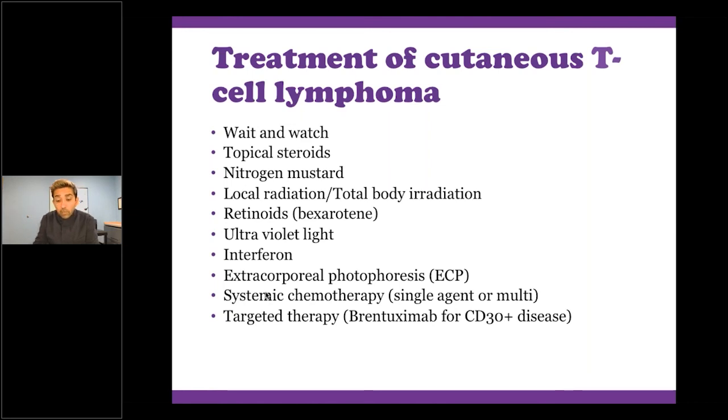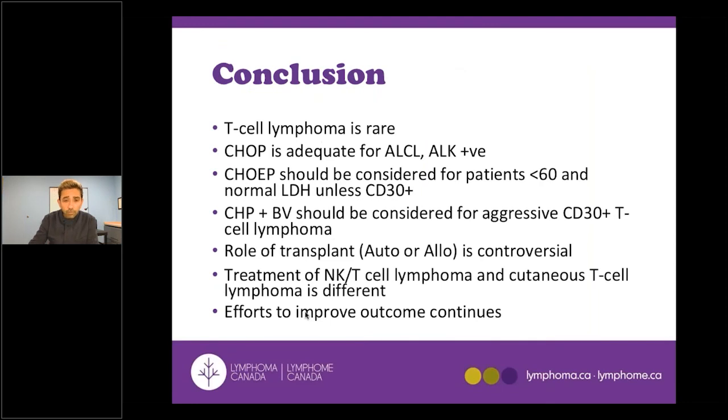And again, we do now have entities of mycosis fungoides or even cutaneous T-cell lymphoma, which are CD30 positive. And for those, we can consider brentuximab if they have been trialed with a few lines of treatment without any response. So this is kind of management of cutaneous T-cell lymphomas in a nutshell.